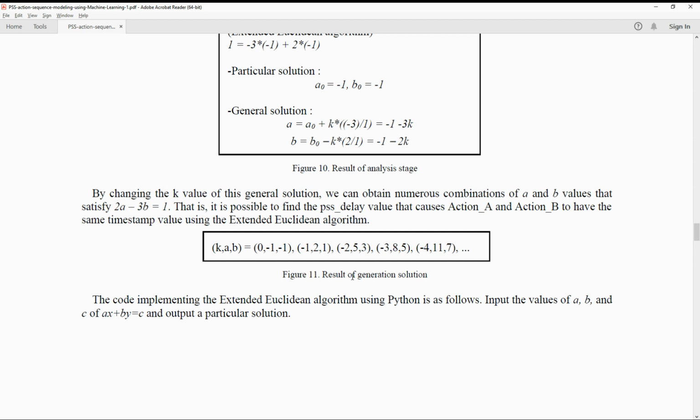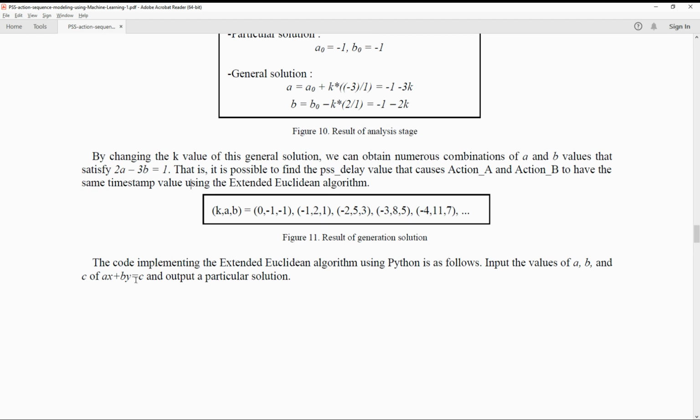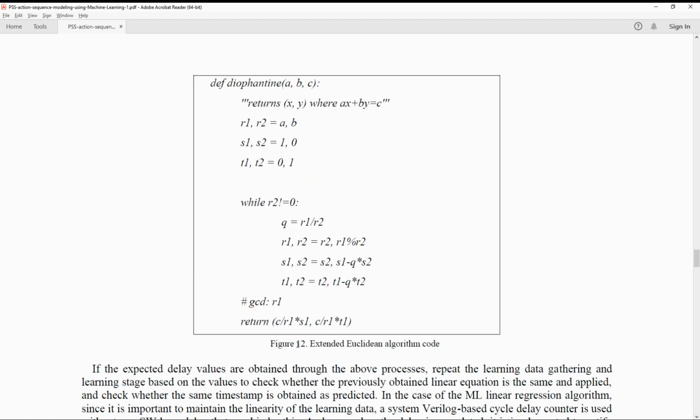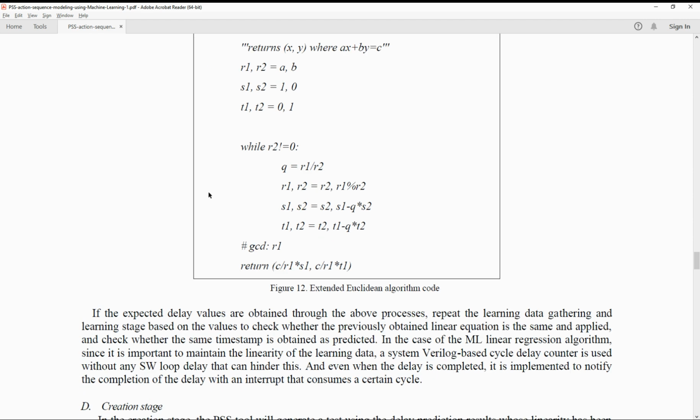Figure 11, result of general solution. The code implementing the extended Euclidean algorithm using Python is as follows. Input the values of A and B and C of ax plus by is c, and output the particular solution. This is the pseudocode of the Diophantine function.